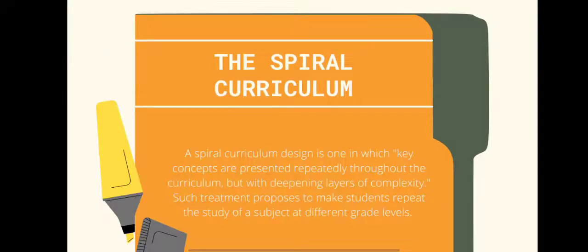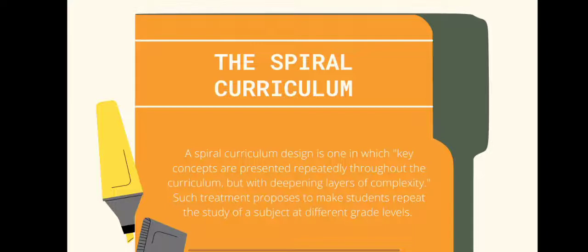At this point, let us know about the spiral curriculum. A spiral curriculum design is one in which key concepts are presented repeatedly throughout the curriculum, but with deepening layers of complexity.